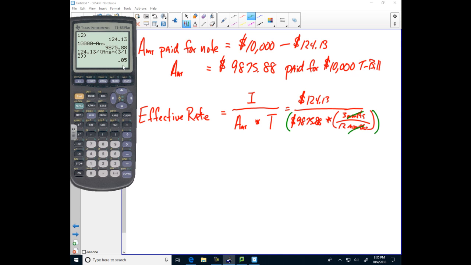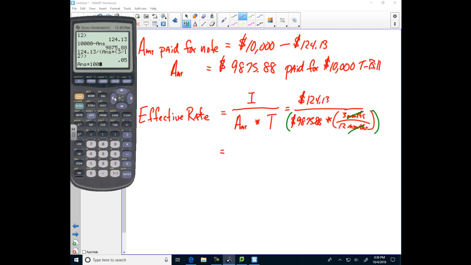Now, this is one of those situations where it's not showing us everything we need to see. It looks like the effective rate is 5%, doesn't it? Well, that's a decimal. What would you have to do to turn that into a percentage? Times 100. D'Angelo's right.